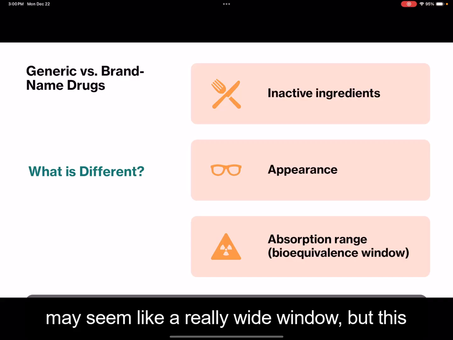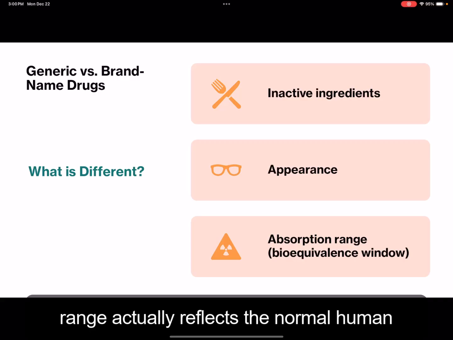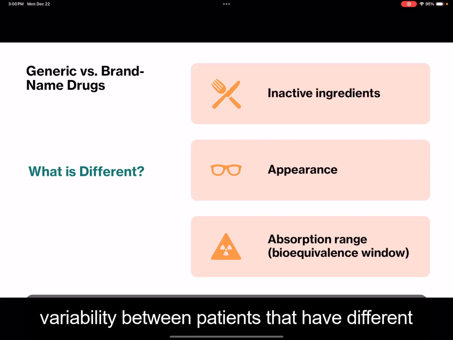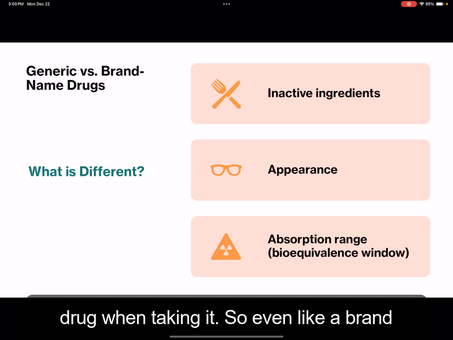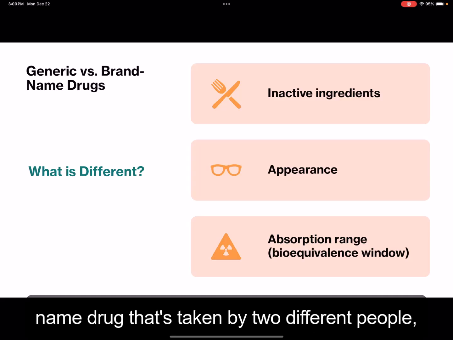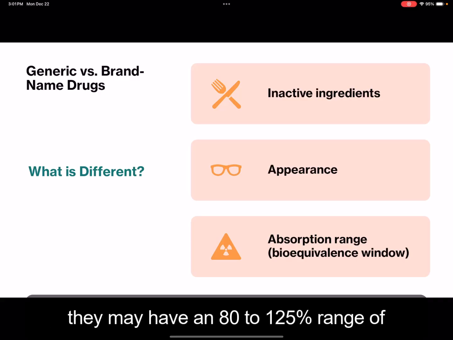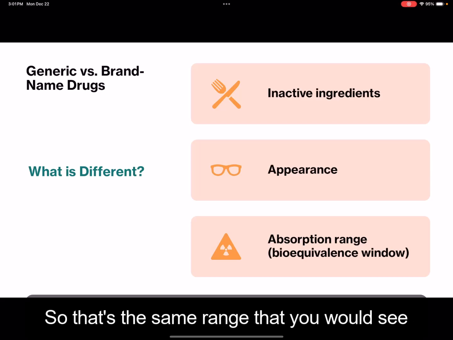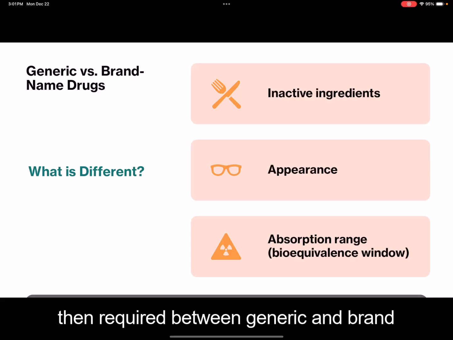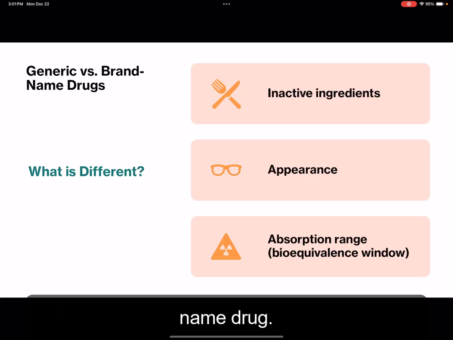This may seem like a really wide window, but this range actually reflects the normal human variability between patients that have different abilities to metabolize and absorb the drug when they're taking it. So even a brand name drug that's taken by two different people may have an 80 to 125% range of variability of processing that drug in their body. So that's the same range that you would see required between generic and brand name drug.